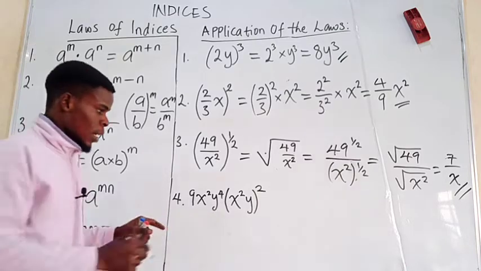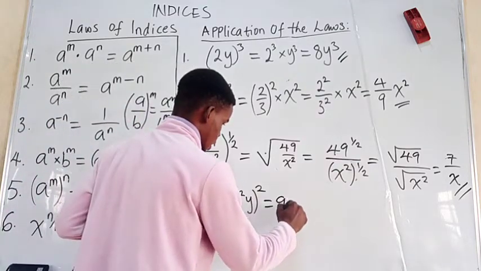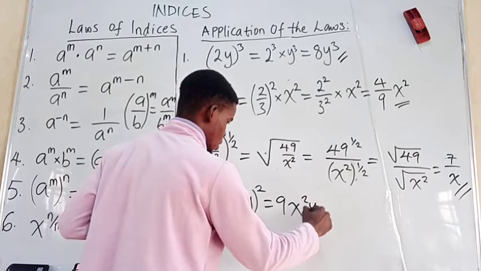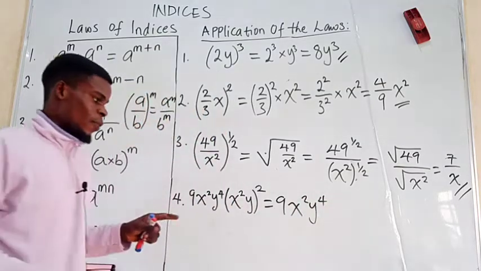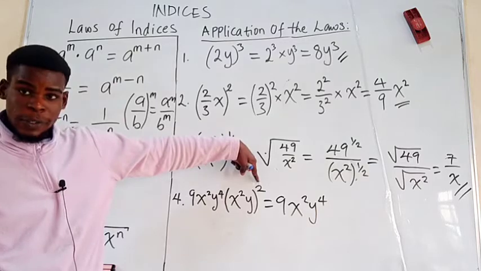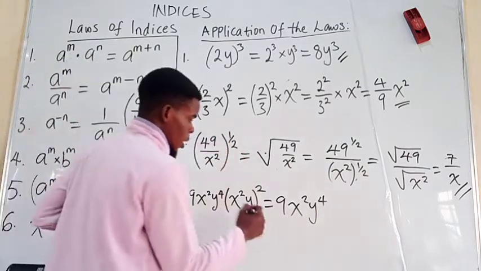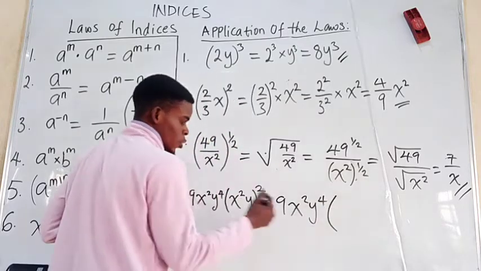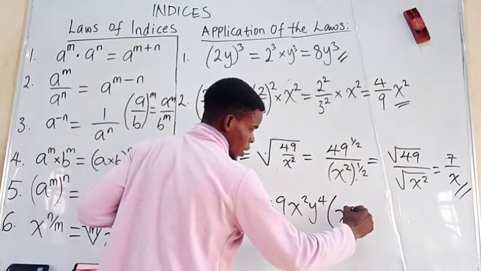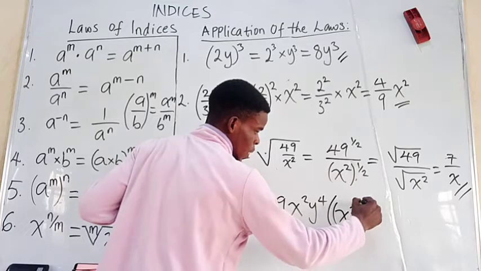Okay, so to the number 4 question, well, on this side we're just going to have something nice. Maybe just put it down. 9x squared times y to the power 4. Then inside the bracket, you know, this is power 2. So we're going to split that to everybody in the bracket. That will be, let me just put down the bracket. So this should be x squared. Then you square that.